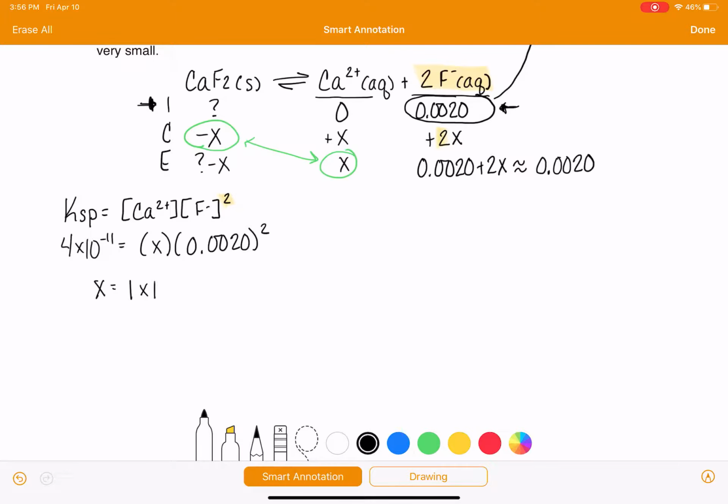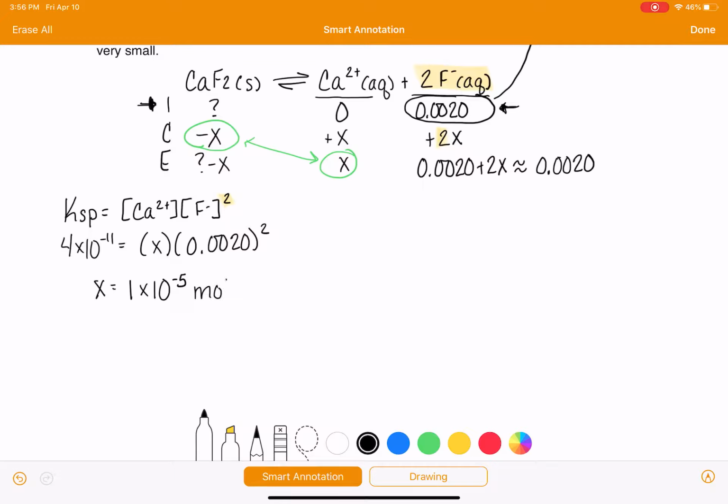I'm going to do this one more time because my calculator is very untrustworthy. 4 times 10 to the minus 11 divided by 0.002 squared. Okay. Got the same answer 2 times in a row, so it must be right.